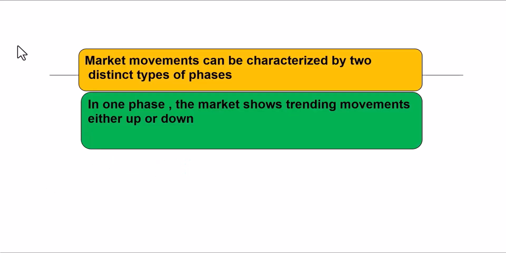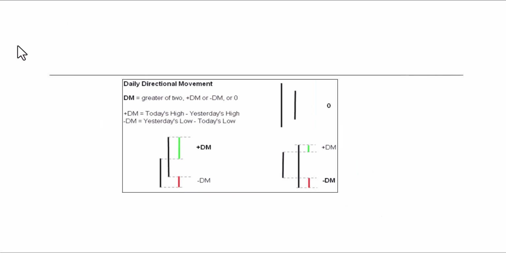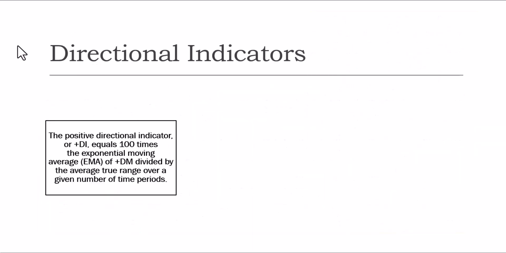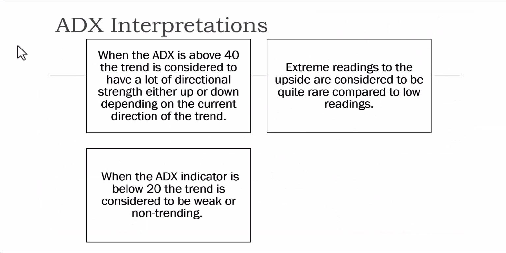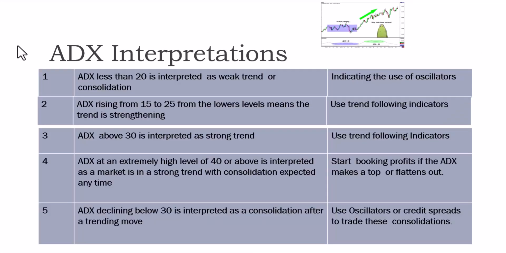Okay, fine. So let's go straight away to the indicator's final findings. There is a chart which says the indicator hovers between 0 to 100. How it is made, I'm not discussing at the moment. If it is less than 20, there is a weak trend and a consolidation phase.